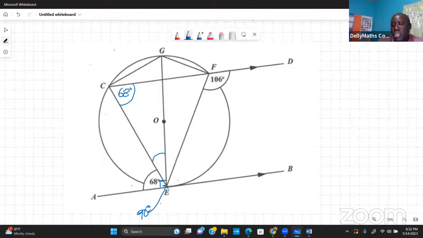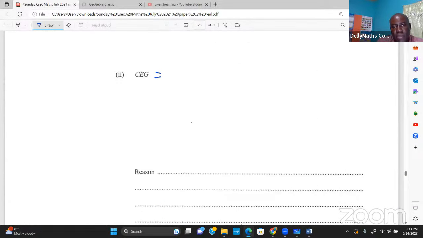So if part of it is 68, then 90 take away 68 will give me my 22. Right? 90 minus 68. That means this piece is 22 degrees. So there it is, I found my 22. And then I'm going to tell you the reason. CEG is 90 minus 68, which is 22 degrees.